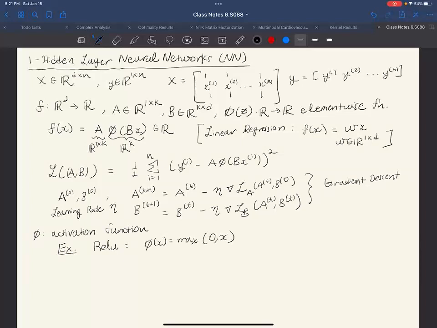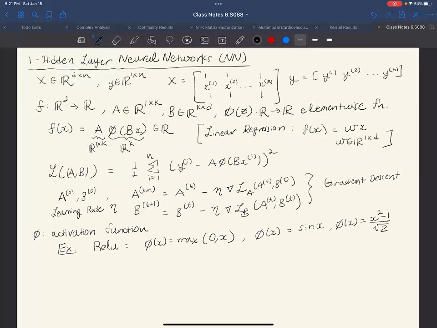And then you have, of course, many other activations. You can choose whatever you want. In this course, we'll actually cover a bunch of strange ones, like sine x. You can even have phi of x equals (x squared minus 1) over root 2. So there's a lot of interesting activation functions that you can pick.